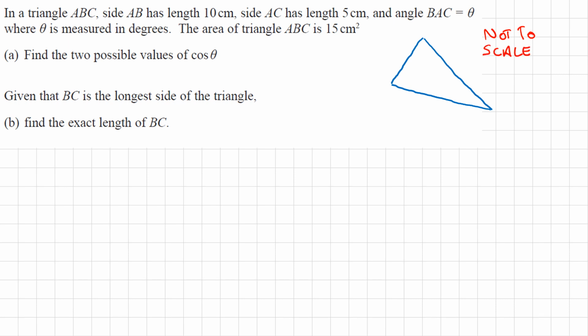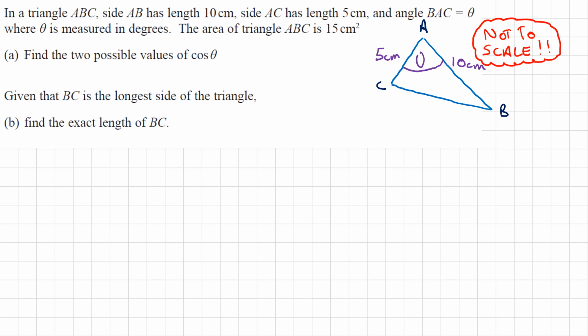This is so that I can just get an idea of where the sides and angles are in relation to each other. So we will label this A, B and C and we'll mark in the information that's given. I've been told that AB is 10 centimeters, so we'll mark that in. AC is 5 centimeters and the angle theta is the angle BAC. So that means that theta is here.